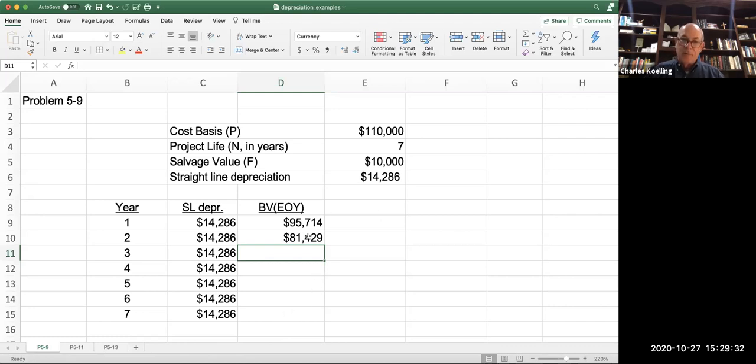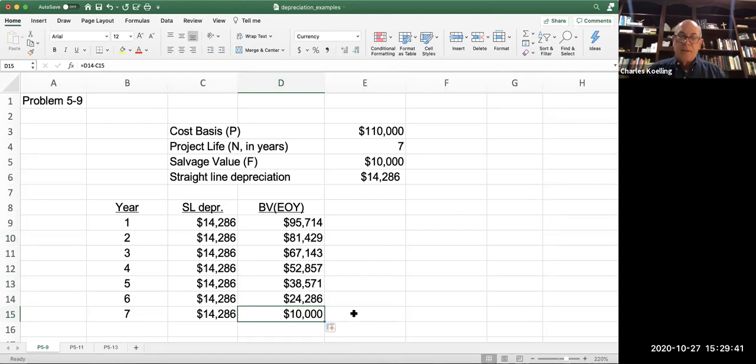And here we go. I'm just going to copy this all the way down, and let's keep our fingers crossed. Well, looky there. We know that with straight line depreciation, you will always depreciate your asset to the salvage value at the end of the recovery period.